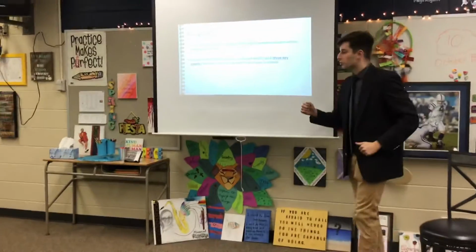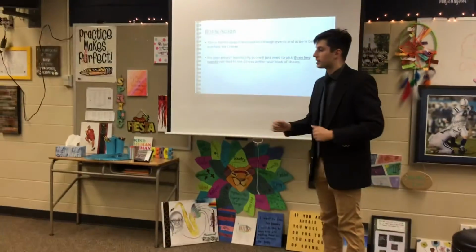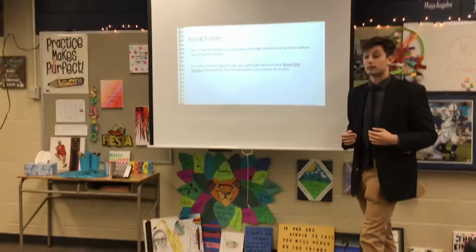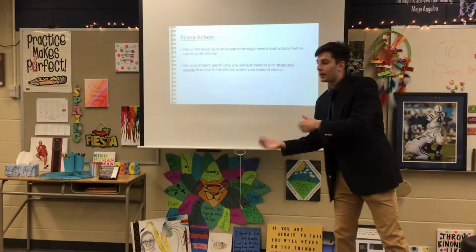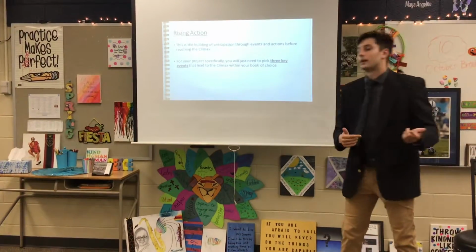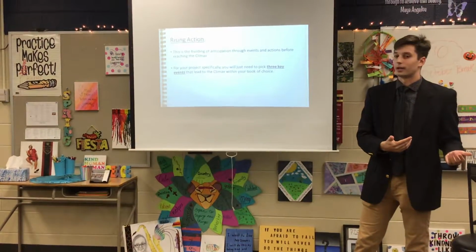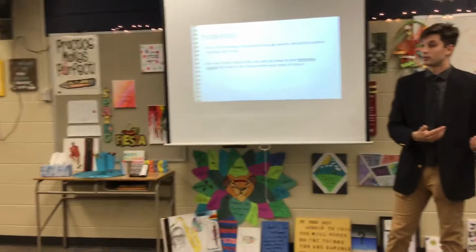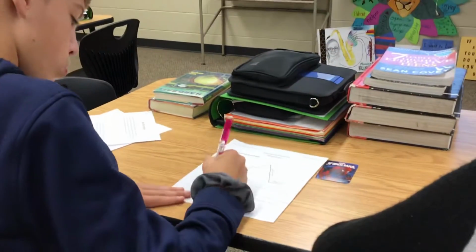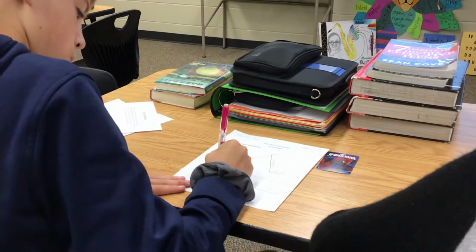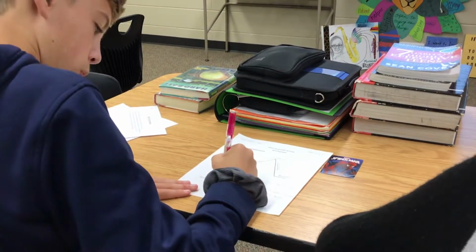One friend goes off to his house and writes about how angry he is, that could be a key event. The other friend goes to the supermarket and tells his other friends how little Jeffrey did this to him. That could be another event. Does that make sense? So for your book talk, you need to talk about 3 key events that lead up to the climax for your book of choice.